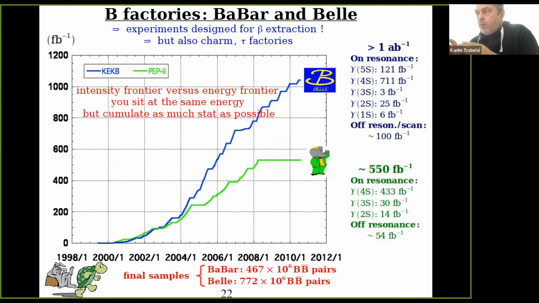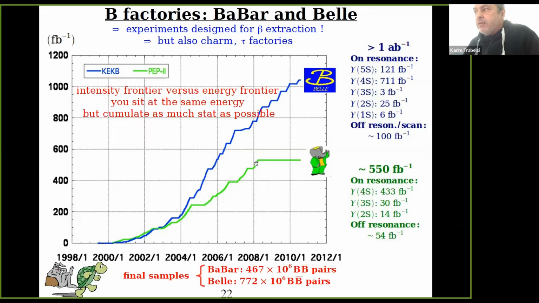So in summary, with a cross-section of 1 nanobar, with 1 inverse femtobarn, typically you have 1 million B Bbar pairs. Also, this is the luminosity you accumulate, for example, for these two B factories over a decade.